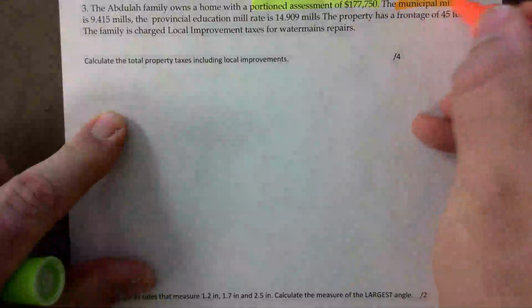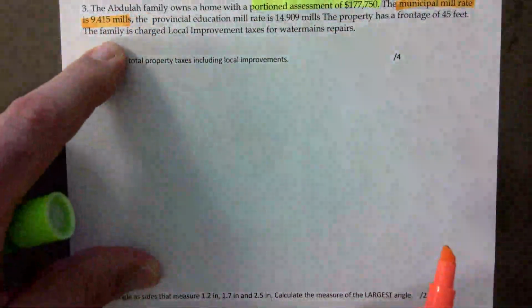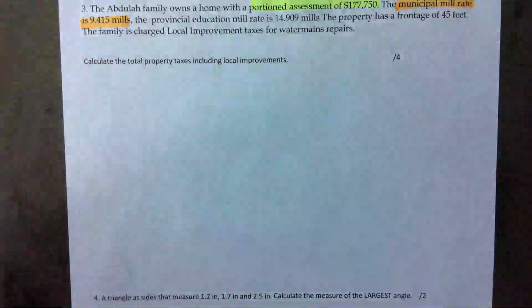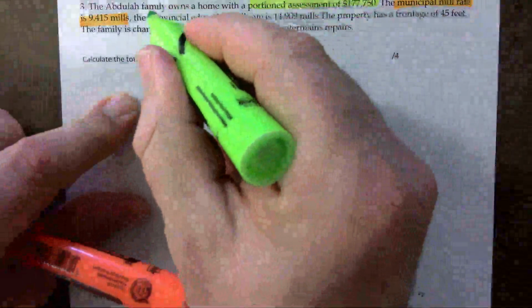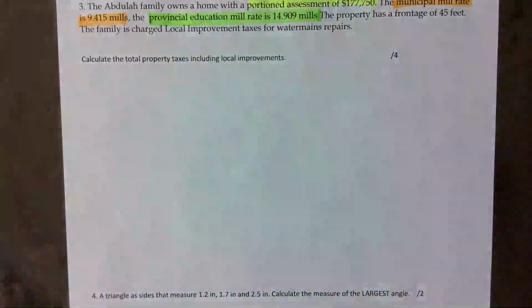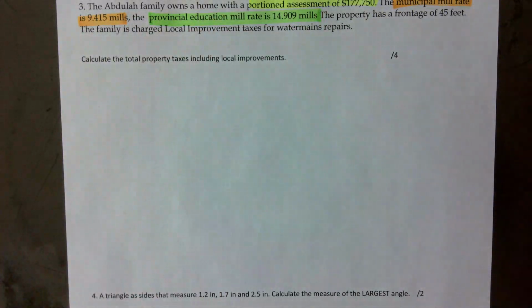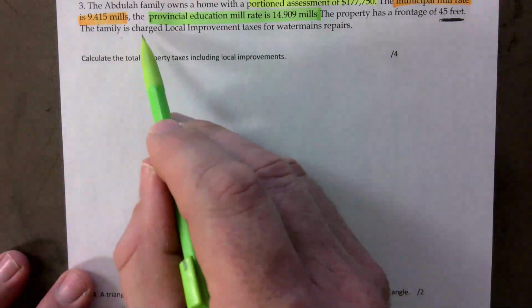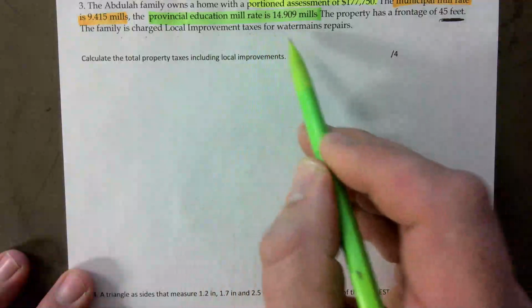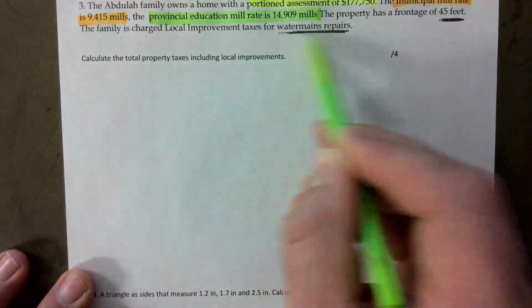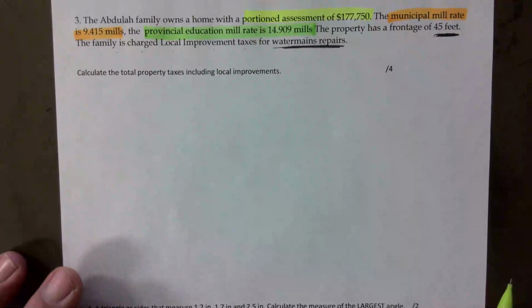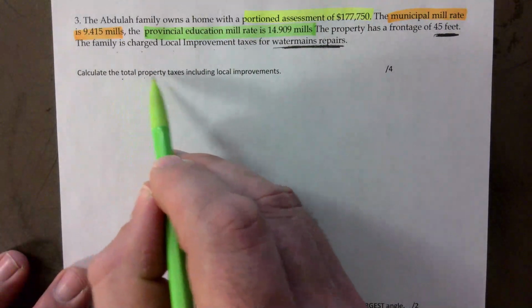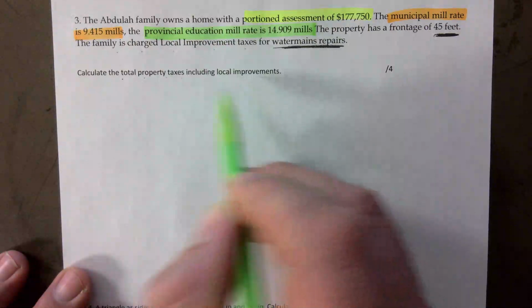There's a municipal mill rate of that, and there's the education mill rate, a different color yet, of that. The frontage is 45 feet. That's important. The family is charged a local improvement tax for water mains repairs. Okay, we're going to figure that out later. So here we go. Calculate the total property taxes including local improvements.